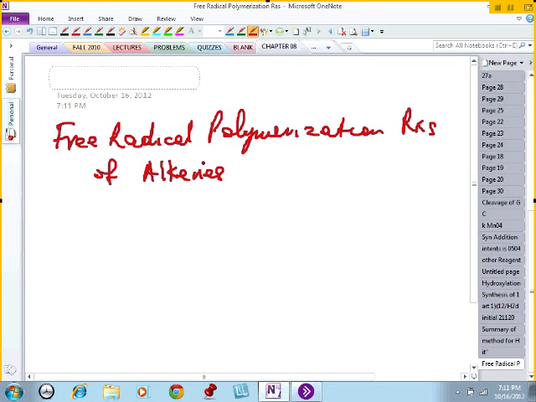Okay. In this process, there are three stages. The first stage is what we call the initiation step.